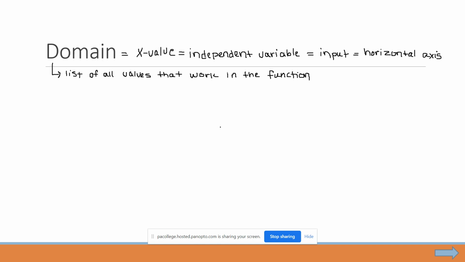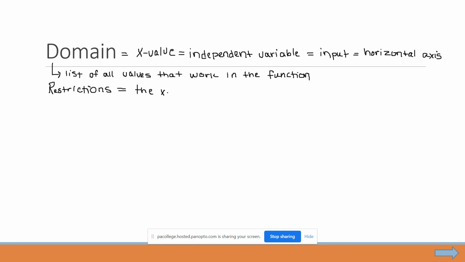And so because it's a list, it might not be all real numbers, but it might be all real numbers. And so related to this idea that the domain is the list of what works, the domain restrictions would be the numbers that don't work.